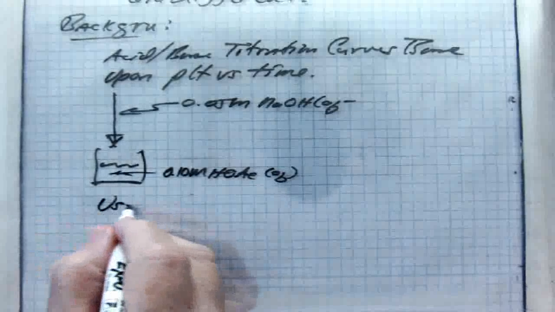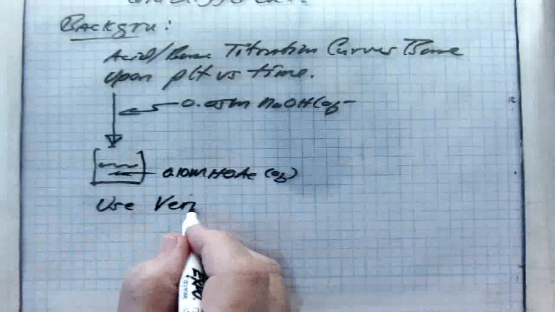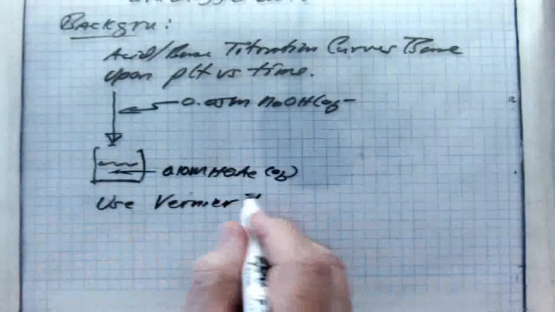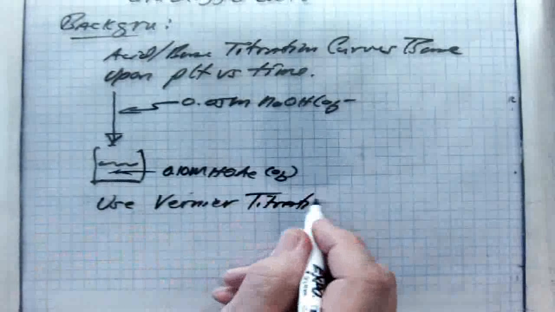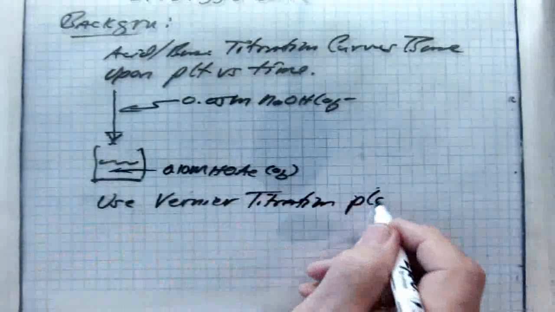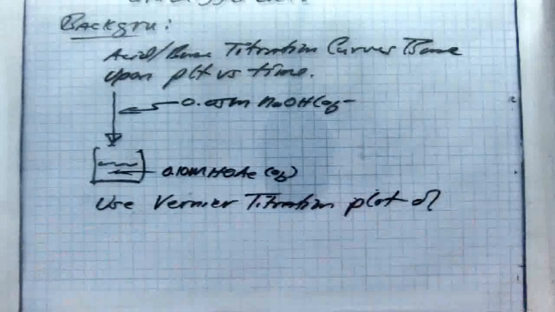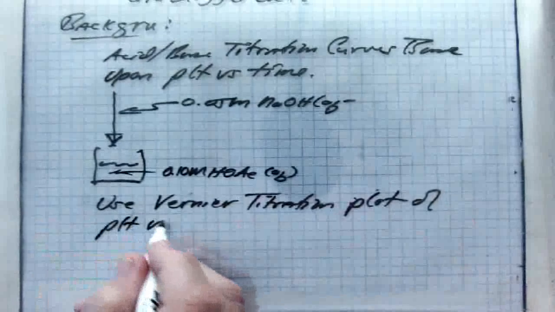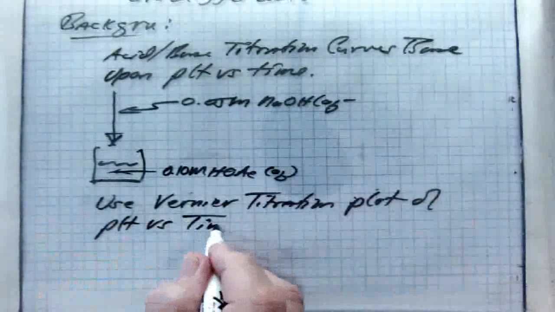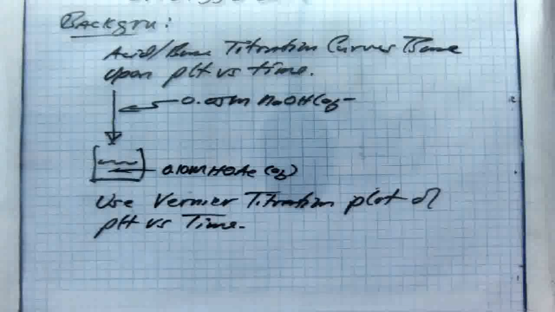It's the experiment just above the one that'll be pH versus volume titration analysis. I think experiment 23 or something like that. But you'll find when you bring it up, it's got to say pH on the vertical axis and time on the horizontal axis.